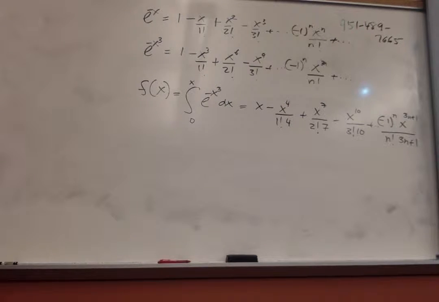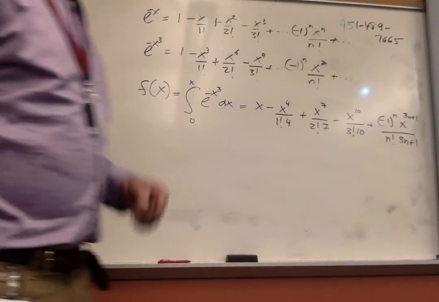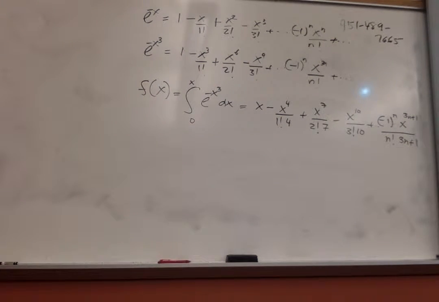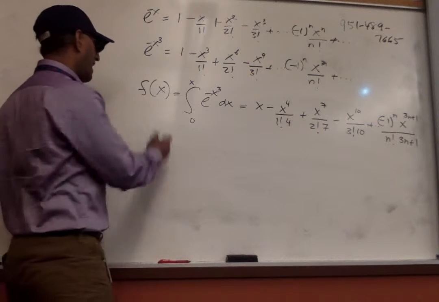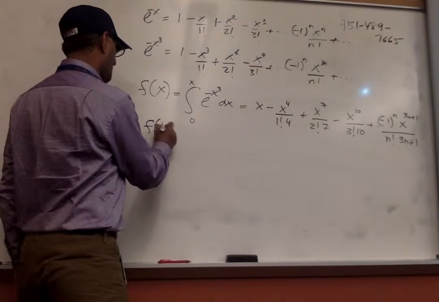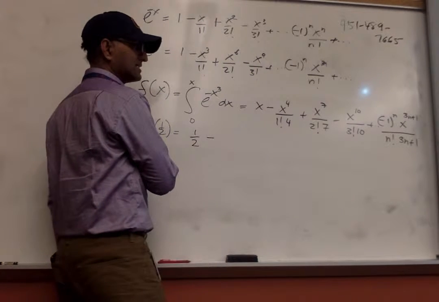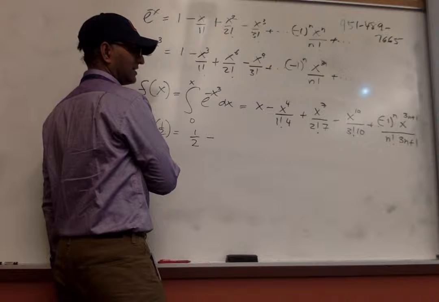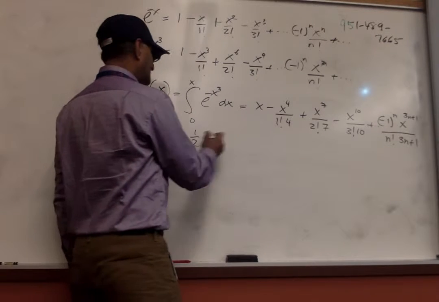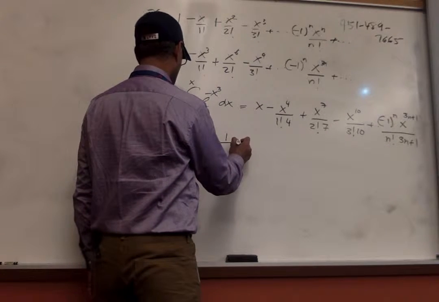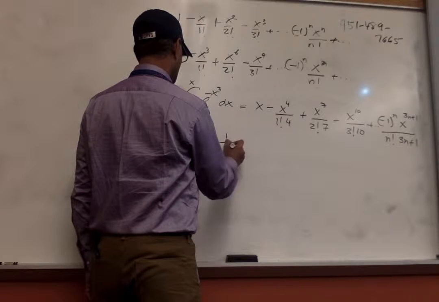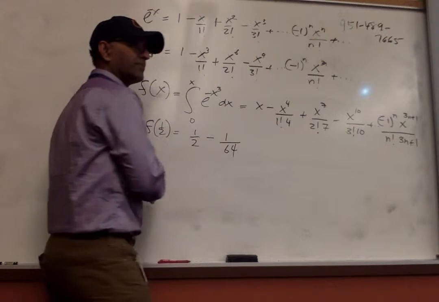Okay, now part B says, use the first two terms to estimate f of 1/2. So what do we do? I'm just going to plug in one half. So it's f of 1/2, which is 1/2 minus (1/2)^4, 1/16, over 4, which is 1 over 64.